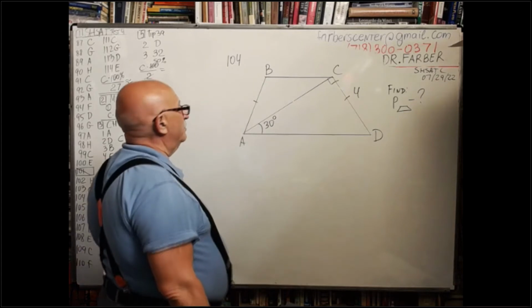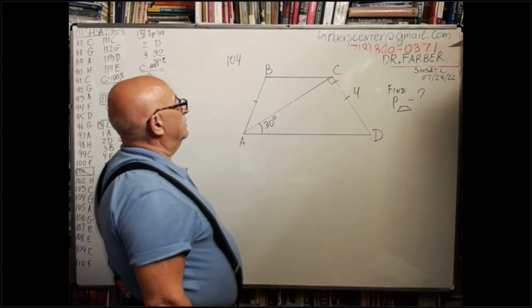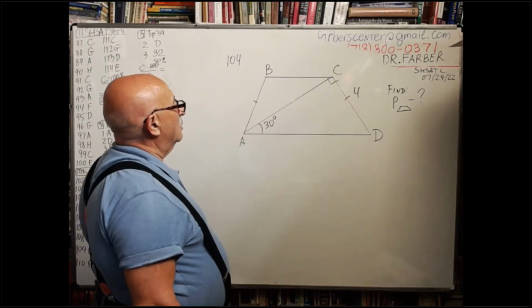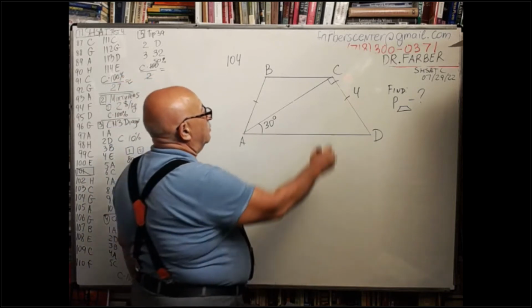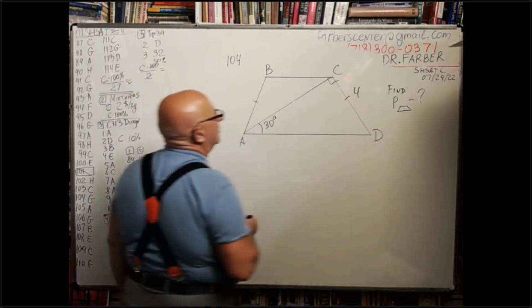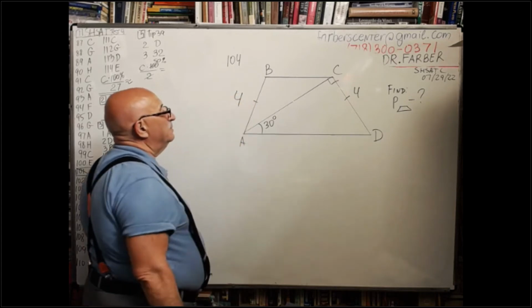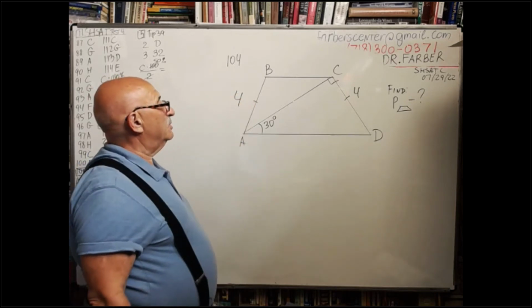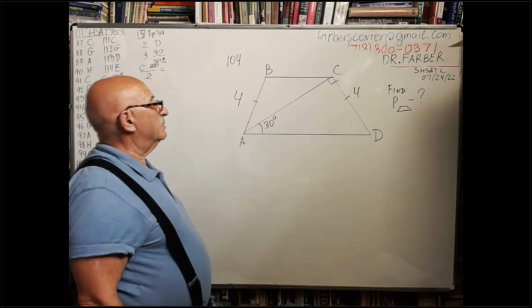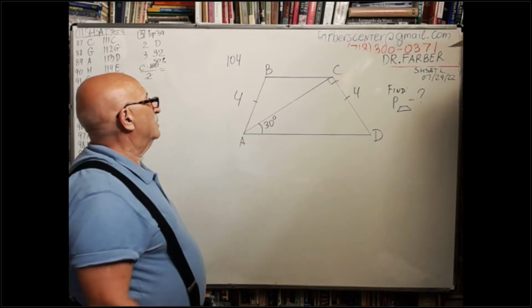Well, look at the students. To find the perimeter, if this is 4 and the trapezoid is isosceles, this is 4 as well. So far so good, by the definition of an isosceles trapezoid. This is step number 1.